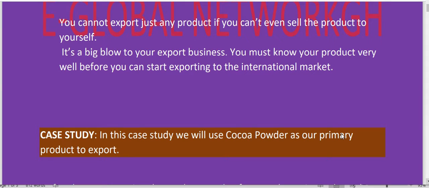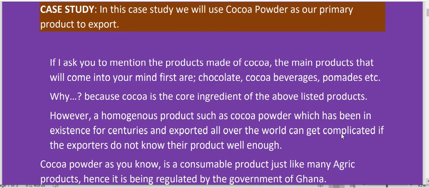In this case study, we are going to use cocoa powder as our primary product for export. Now, assuming we want to export cocoa products, if I ask you to determine the products made of cocoa, the main products that will come into your mind first are chocolate, beverages, pomades, drinks, etc. Why?